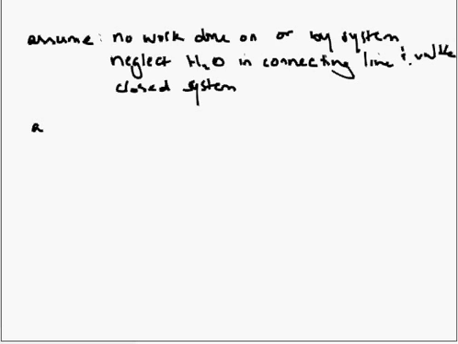Okay, so now my approach. Let me summarize my approach to how I'm going to solve this problem. I'm going to find the final state. So after the valve is open and the contents are allowed to reach equilibrium, both with both tanks and the surroundings, I'm going to find out what that state is finally in the tanks. I know my final temperature.